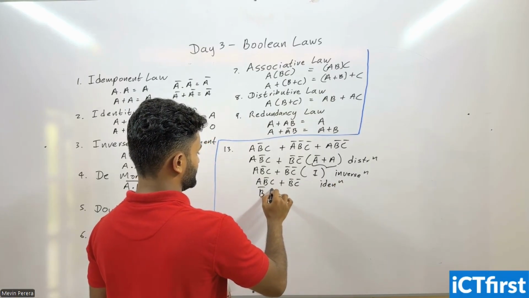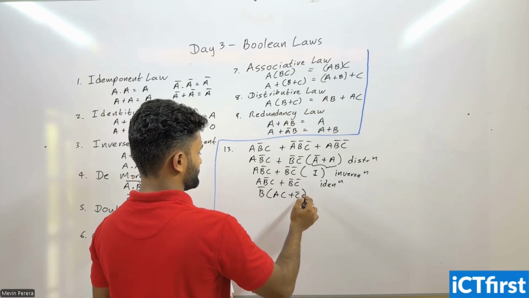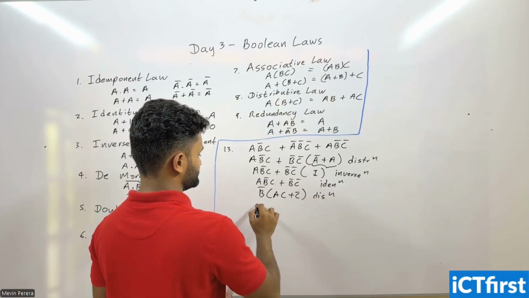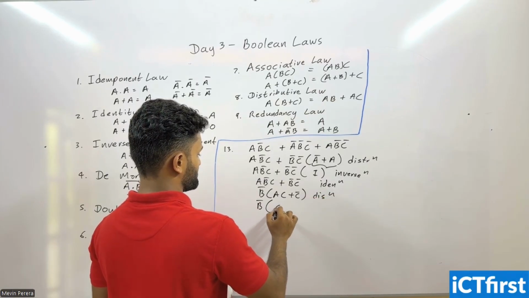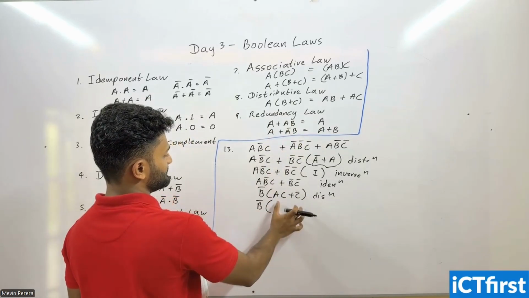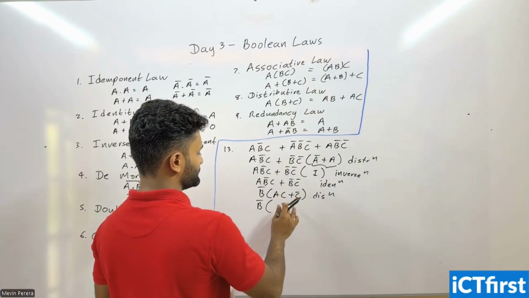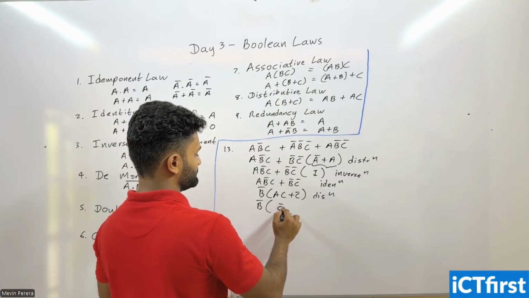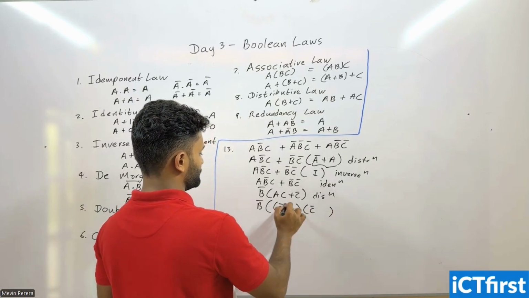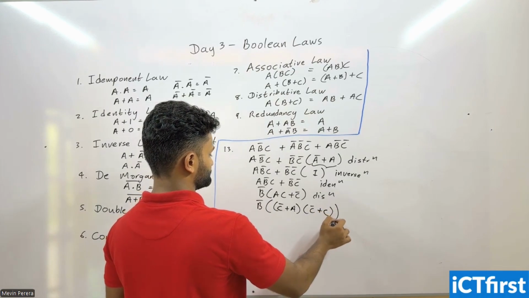Then we got B bar outside. So AC plus C bar. Distributive. Now, in this case, of course, we can't apply the redundancy law straight away. So let me go with the distributive flow. So C bar, we put it separately on both sides. Then one goes to this side and the other goes to the other side. Right?